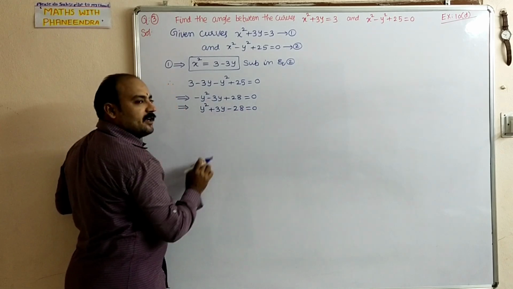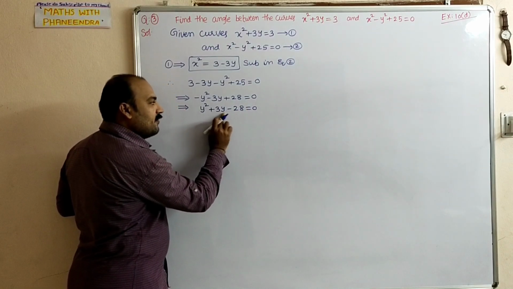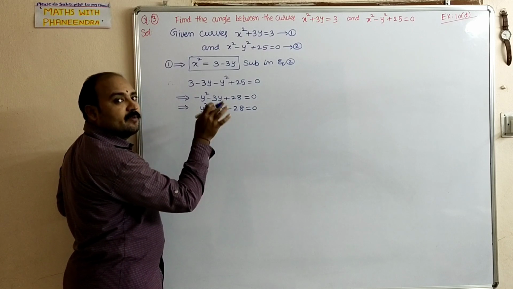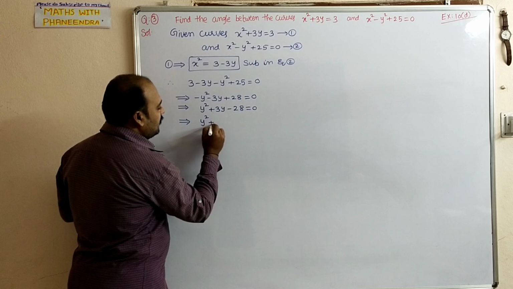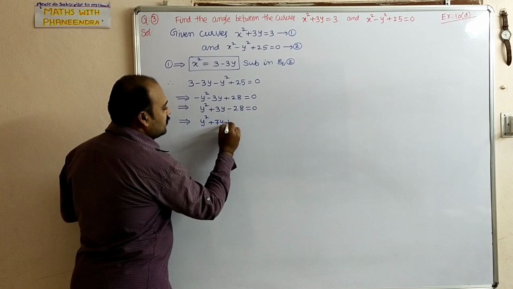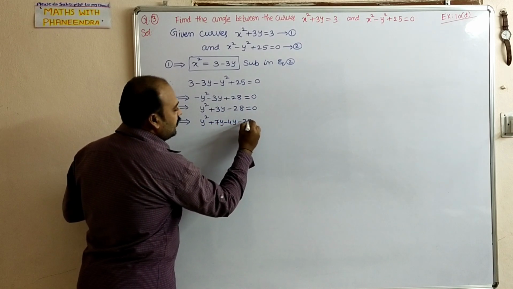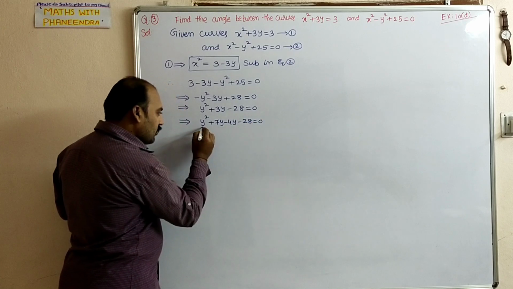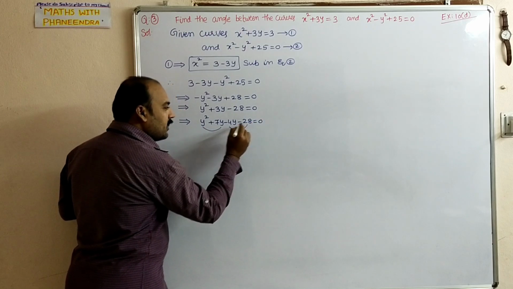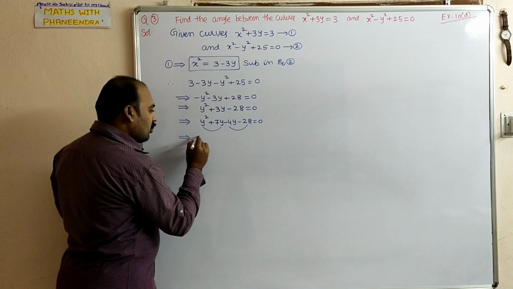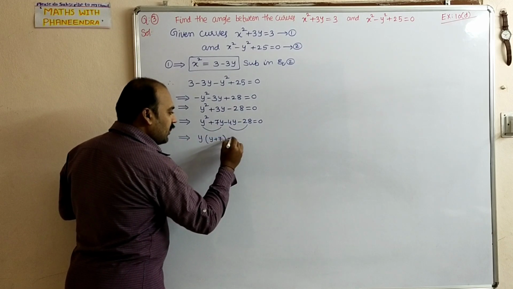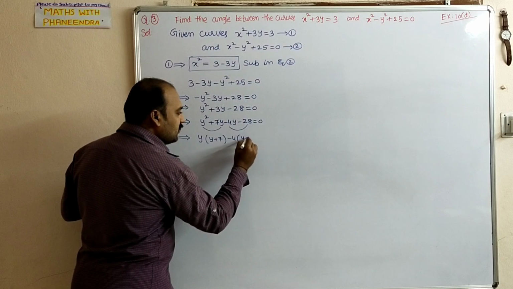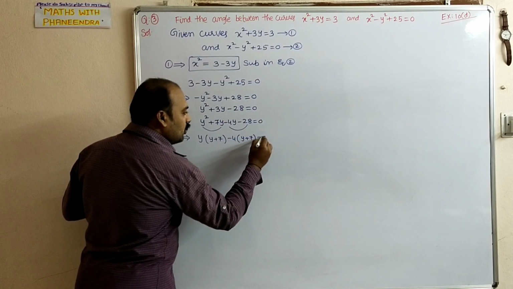For 28 factors are there, 7 into 4. So 3y can be written as 7y minus 4y. y square plus 7y minus 4y minus 28 equal to 0. From these two y take common, from these two minus 4 take common. y into y plus 7 minus 4 into y plus 7 equal to 0.